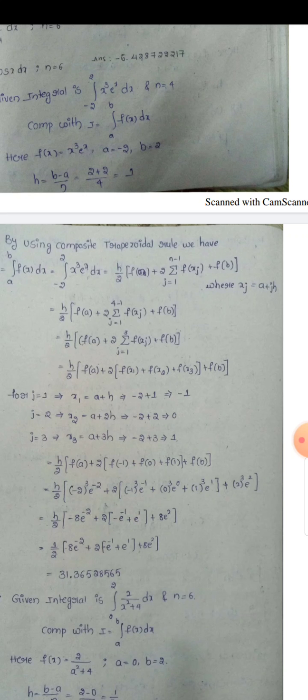Here h is 1, so 1 by 2 into [minus 8 e power minus 2 plus 2 into (minus e power minus 1 plus e power 1) plus 8 e square]. After simplifying we get the value equal to 31.36528565.